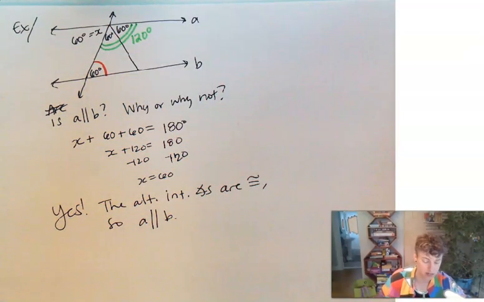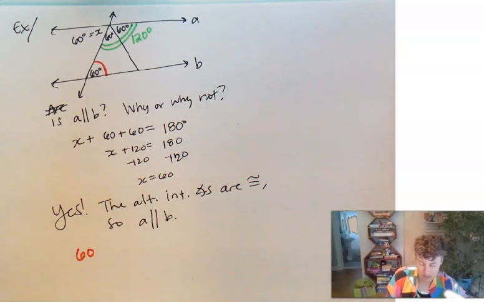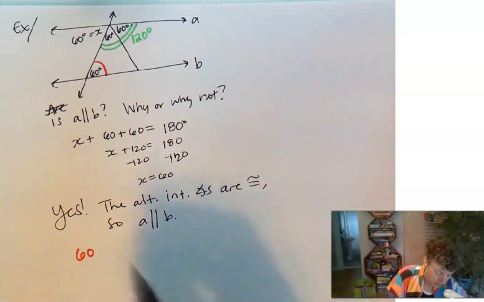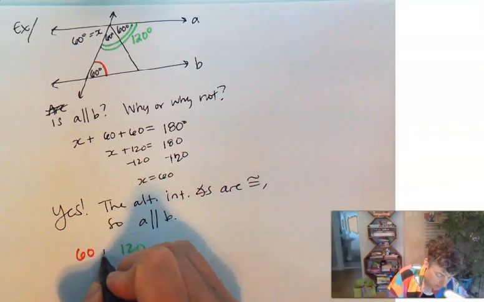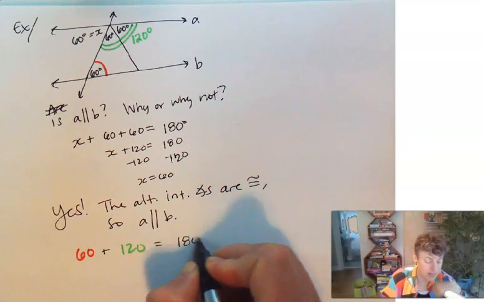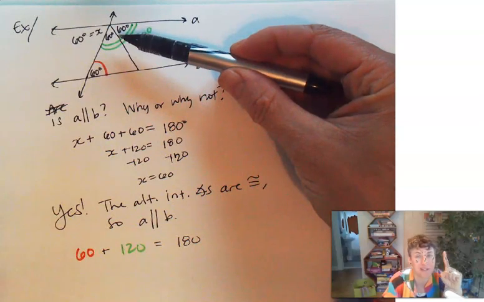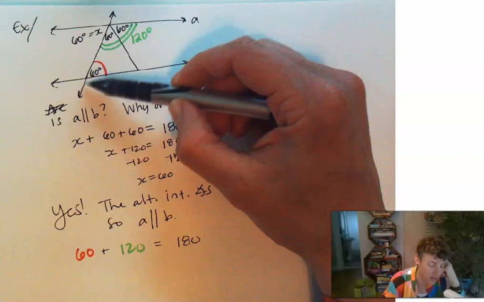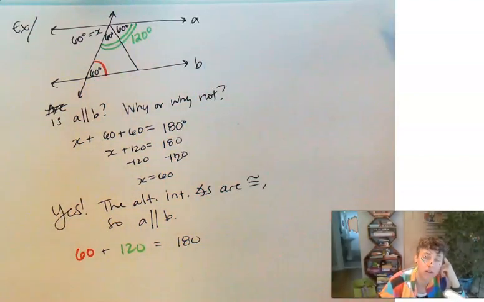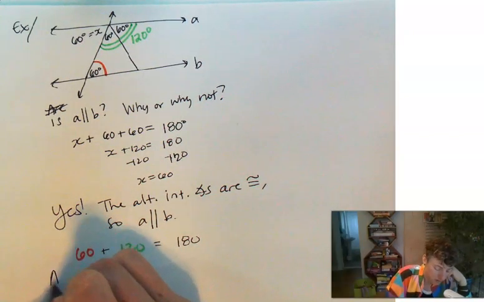And we could have said, well, since 60 plus 120 equals 180, and these are alternate, no, they're not alternate, they are same side interior angles. This angle 60 and this whole angle here are same side interior angles. Those are supplementary, so yes, those lines are parallel.